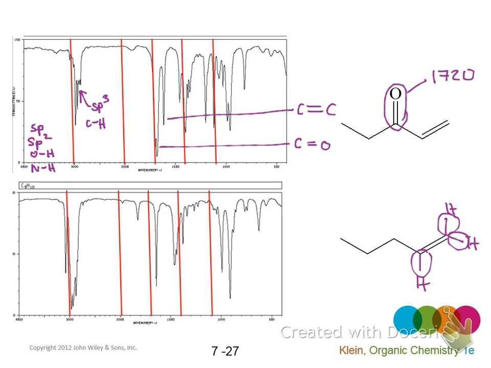What does that imply about the polarity of that bond? Remember, the signal amplitude is related to what? Polarity, right? How polar the bond is. The bigger signals are coming from more polar or less polar? More polar. The relative size of this carbonyl peak is implying that that bond somehow is more polar.